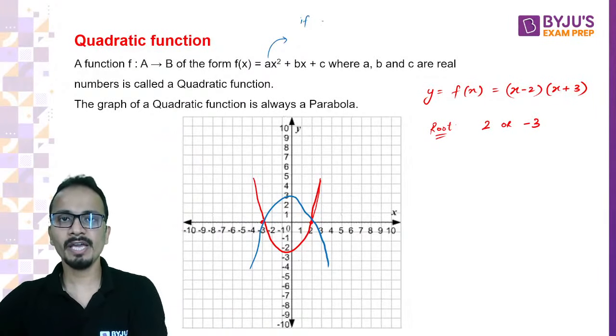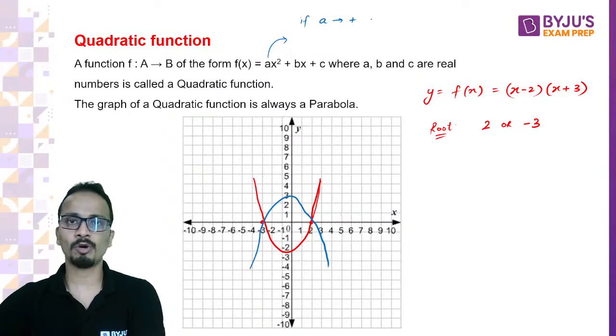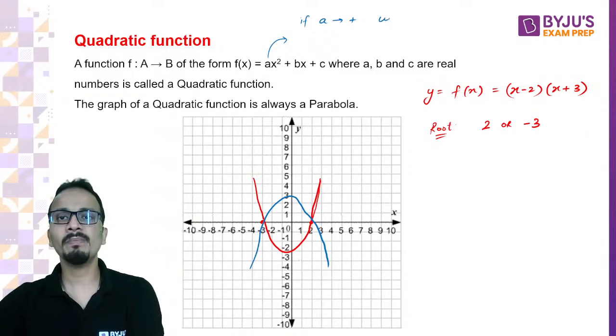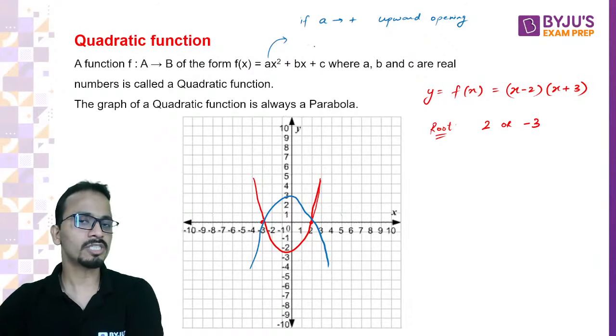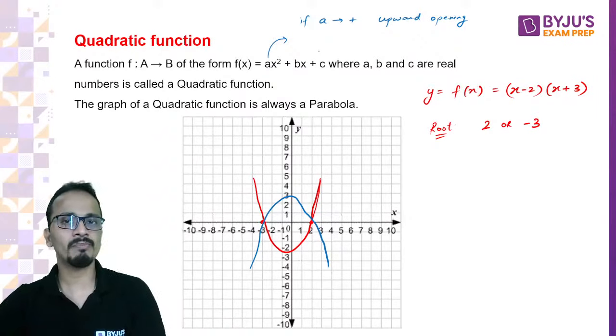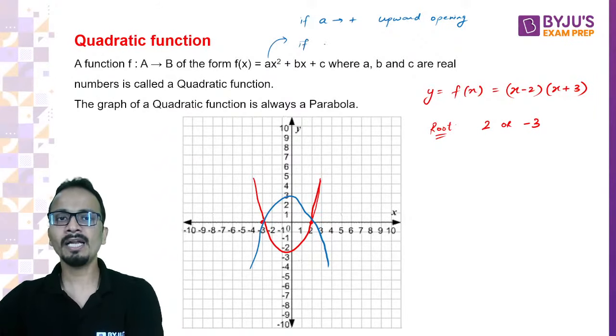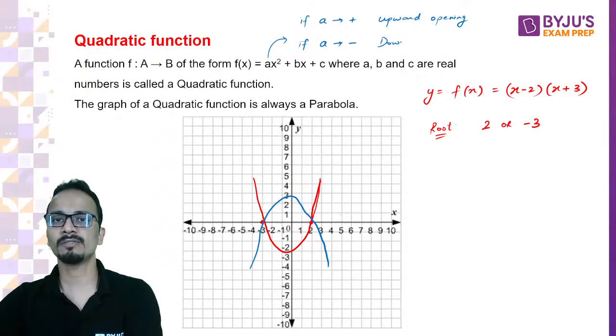If the sign of a is positive, then the graph will be an upward opening parabola. Please note it down. If a is positive, the graph will always be an upward opening parabola. And if a is negative, then the graph will be a downward opening parabola.